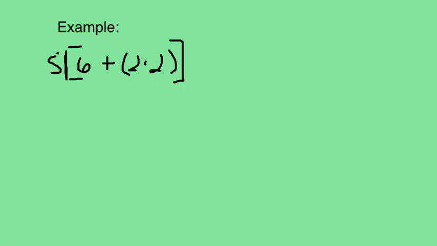Okay, so here's an example. This is not on your notes, but you might want to write it off to the side. I have 5 times, and then in brackets, 6 plus, and then I have in parentheses embedded into the brackets, 2 times 2, and then you have the end bracket, plus 3 squared.